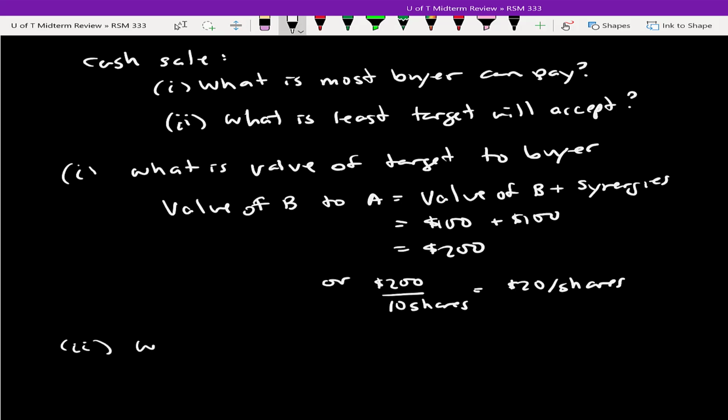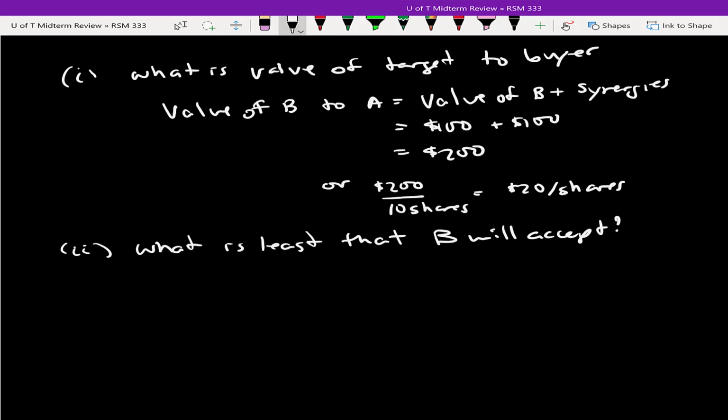What is the least that B will take? The least that B will accept is easy. This is their current market price. If it's trading at $10 a share, it's not going to take $9 if you make it as an offer. You have to offer at least 10.